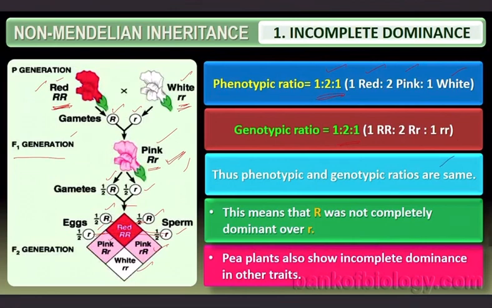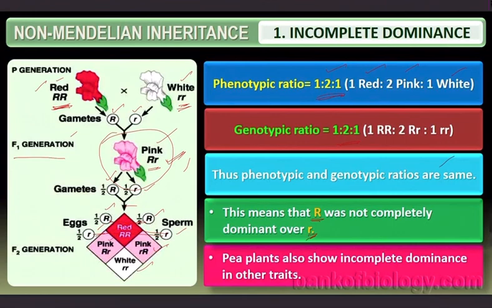That is 1 capital R capital R, 2 capital R small r, 1 small r small r. That means in incomplete dominance, phenotypic ratio and genotypic ratio are both the same, 1:2:1. Physical character and genetic makeup are both in the same ratio.